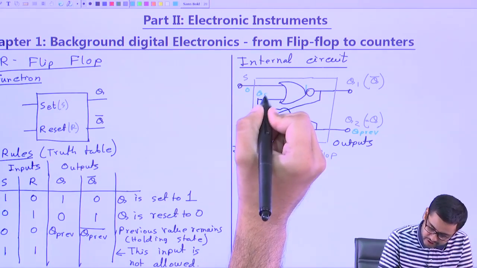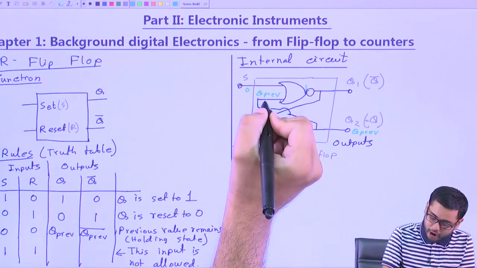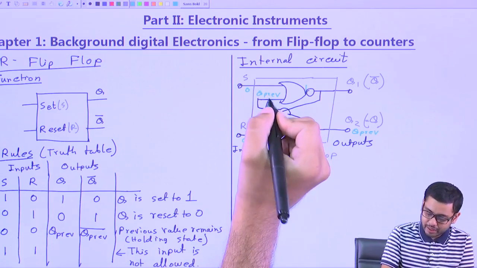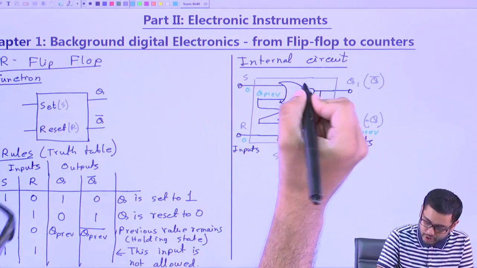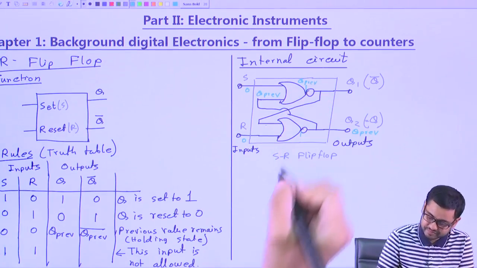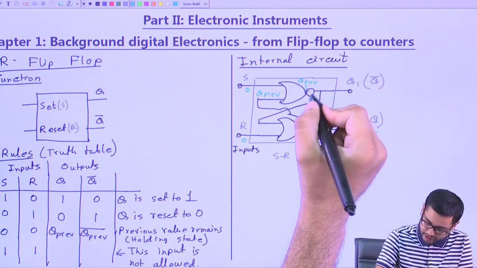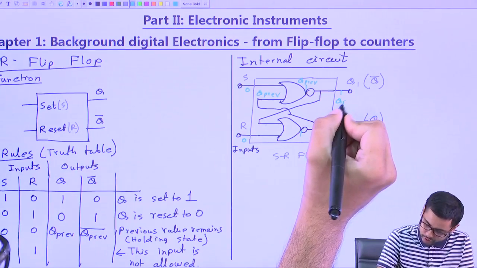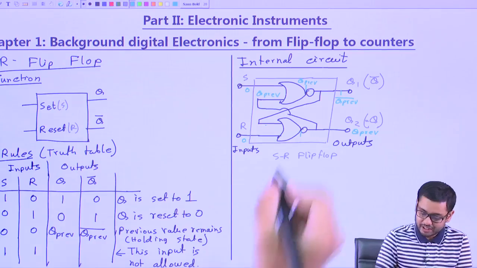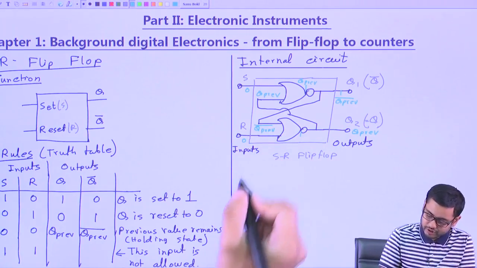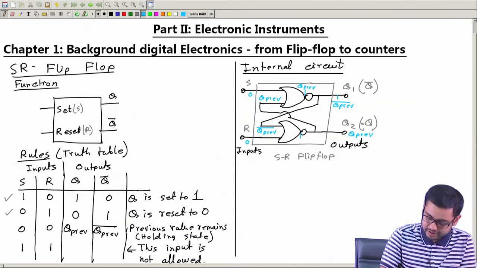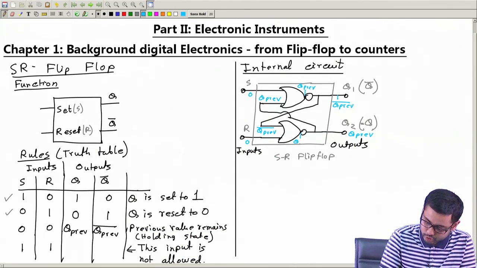So, here I have Q previous ORed with 0, something plus 0 is that something. So, at this point we have Q previous, and then after the bubble we will have Q previous bar. Now, this Q previous bar comes here. This thing plus 0 is of course this thing only. So, Q previous bar, and after this bubble this bar will be gone, I will have Q previous.